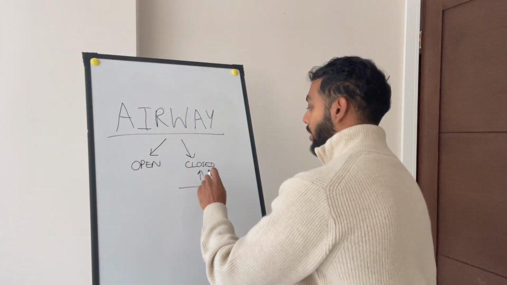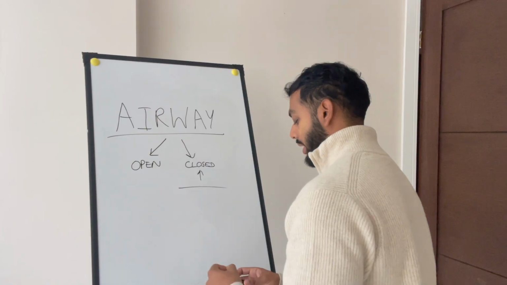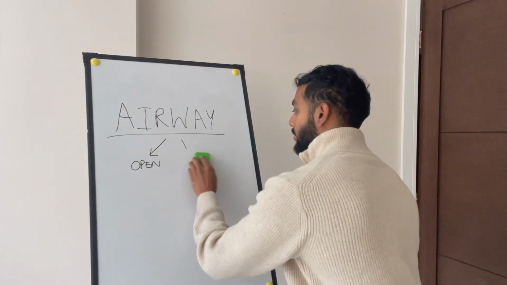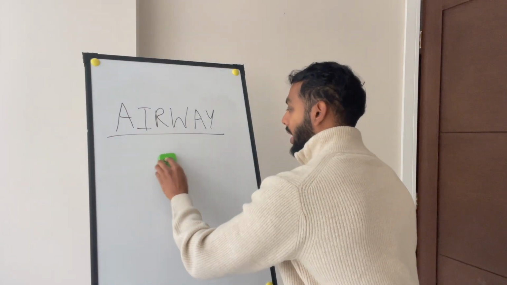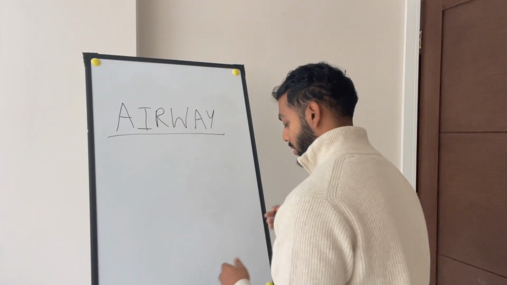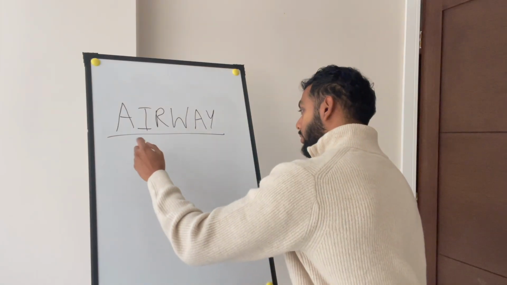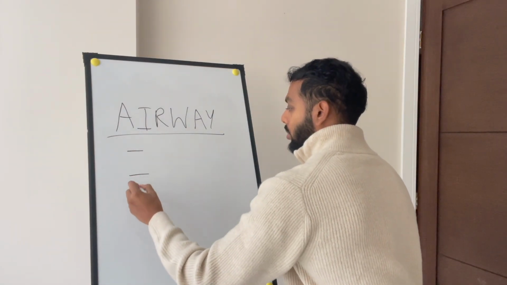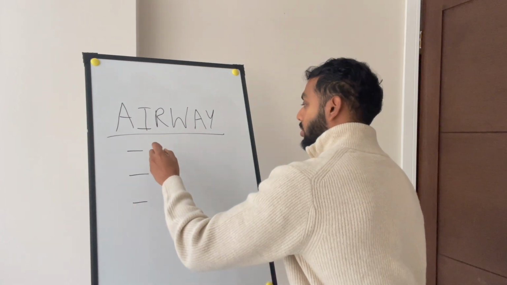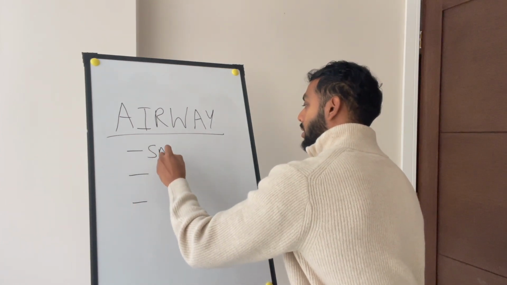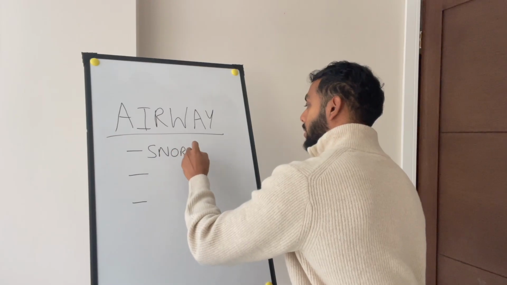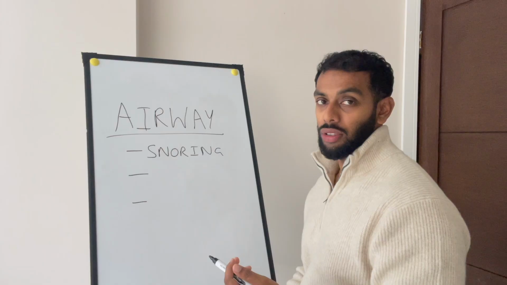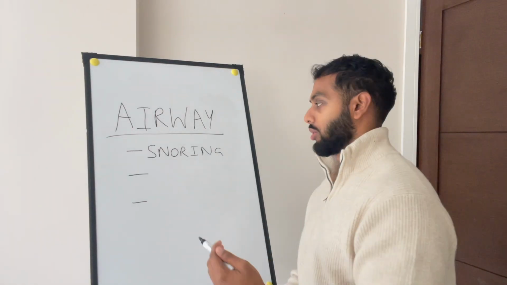So with airway, we've identified the problem now, whether that is one of the three things. So snoring was the first one. Snoring was tongue obstruction.